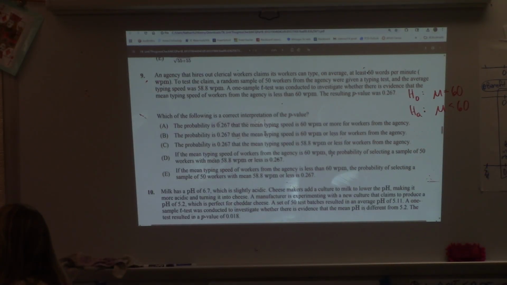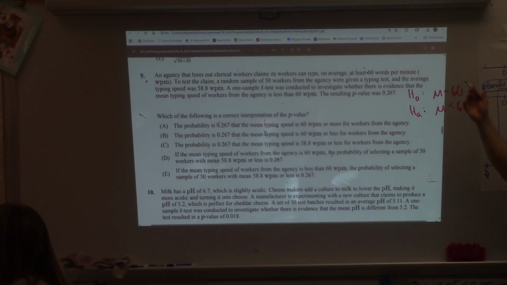What we are doing is we doubt their claim. Do we have some evidence that the true mean is less than 60? Yes. But what are the two explanations for why that could have been less than 60? One of the options is sampling variability.